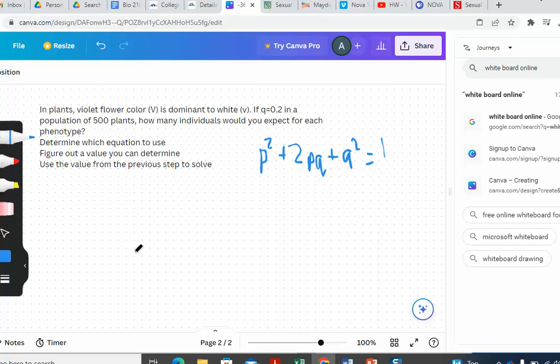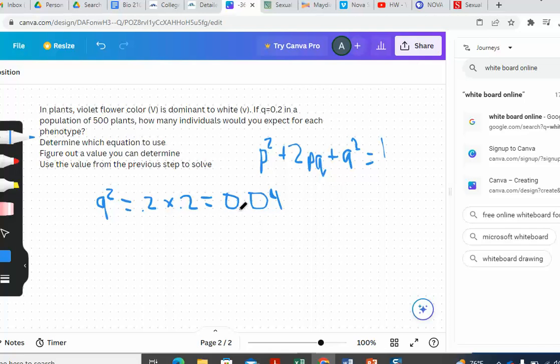So what I see here is that if q equals 0.2, then q squared is going to equal 0.2 times 0.2, and that's going to be 0.04. And remember, q squared is the frequency of the homozygous recessive genotypes.